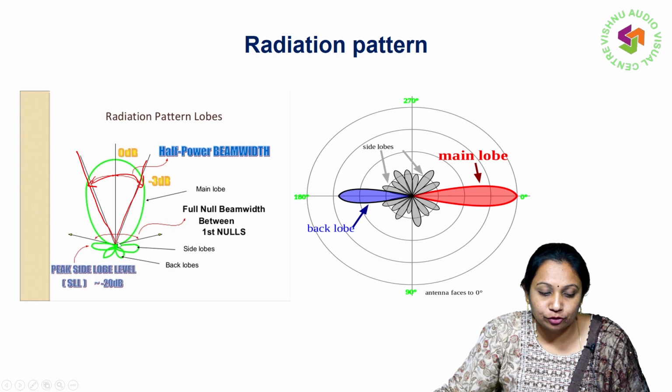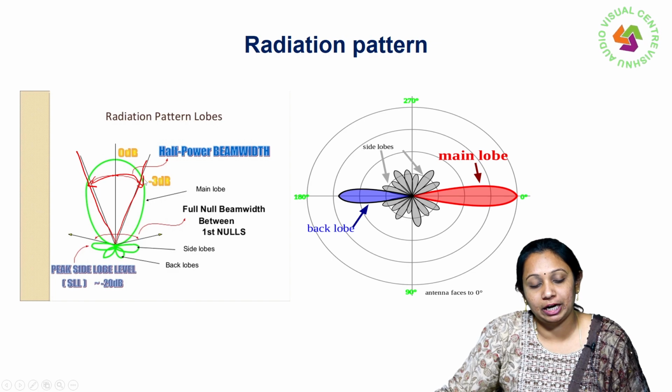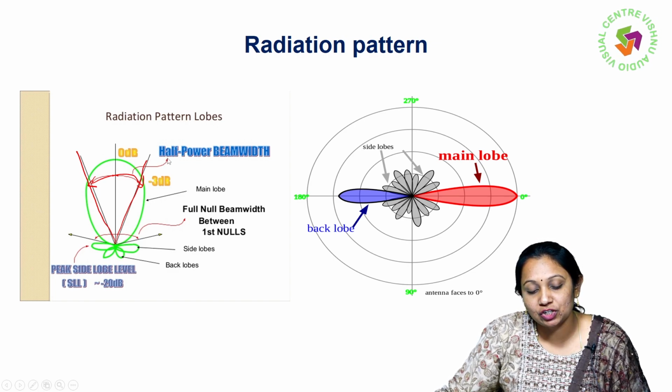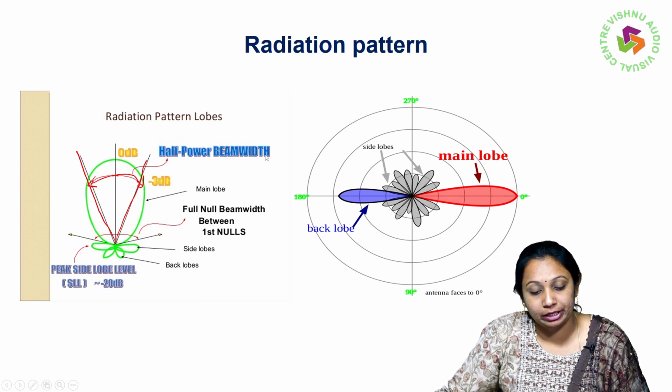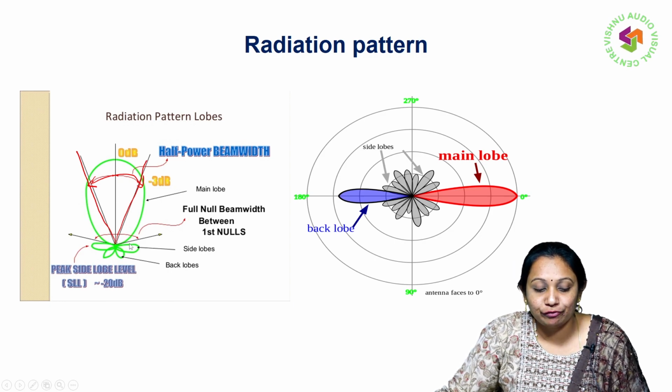If you draw it on the pattern like this, it should touch this main lobe. Here the power is exactly half of the maximum radiation. That is why we call it half power beam width. Simply, it is an angular width, so instead of calling it a bandwidth, it is called half power beam width.